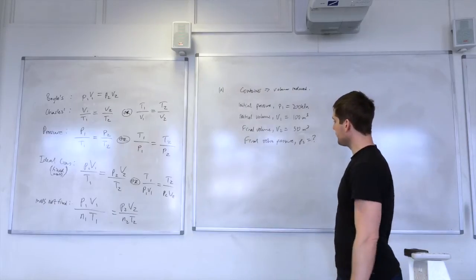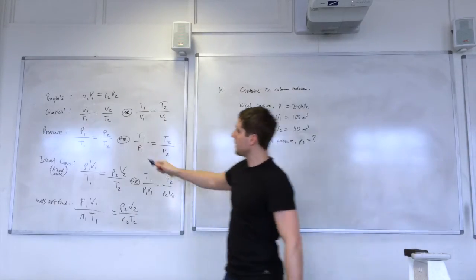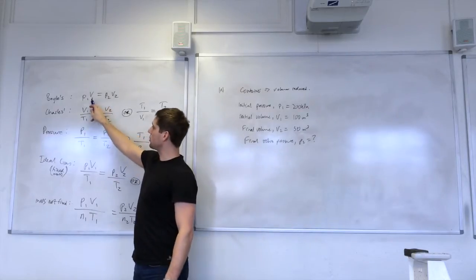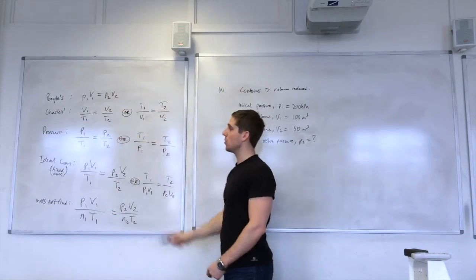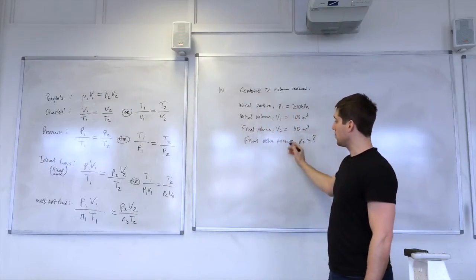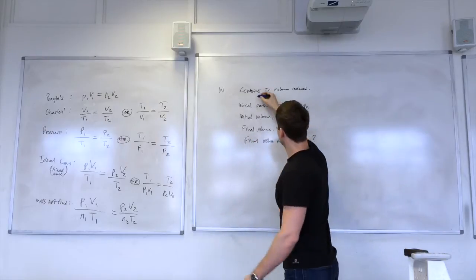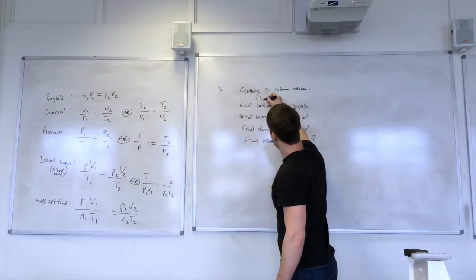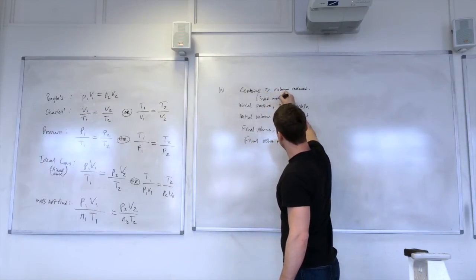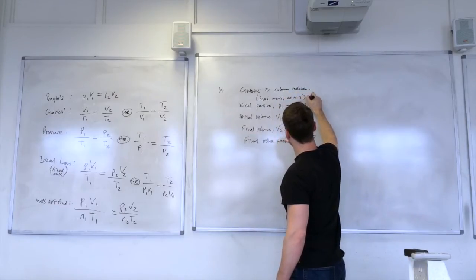So we need to use Boyle's law, because in Boyle's law we've got pressure change and a corresponding volume change. So that's all we're dealing with. There's no temperature change, there's no change in mass, so we've got fixed mass here, constant temperature.